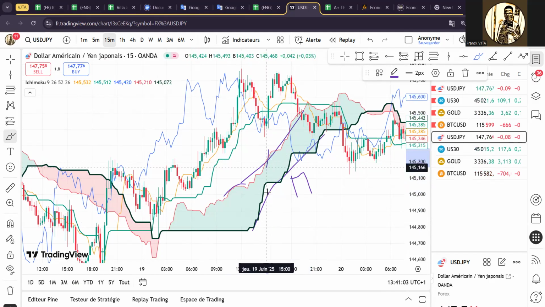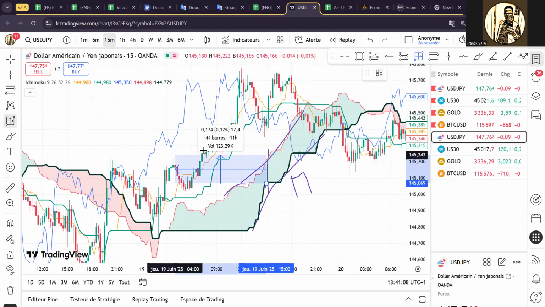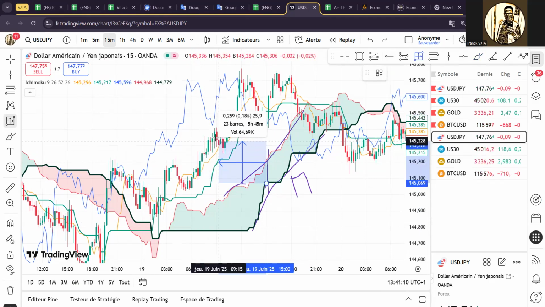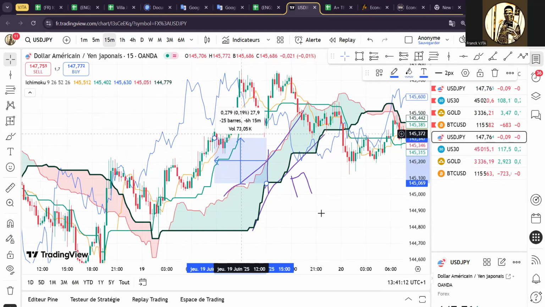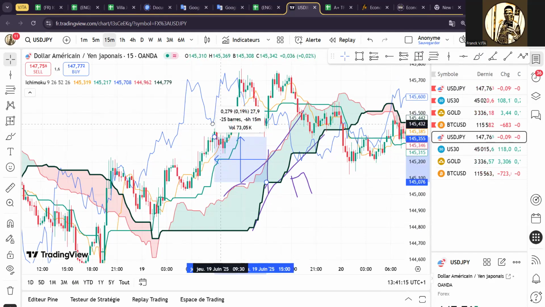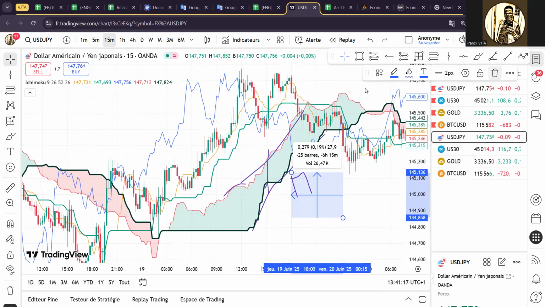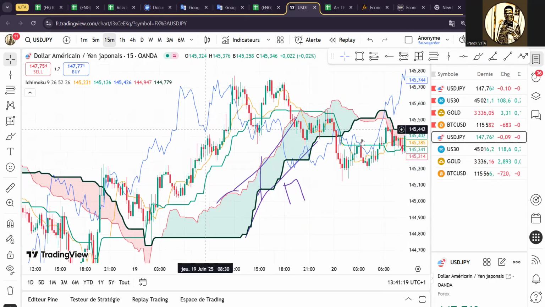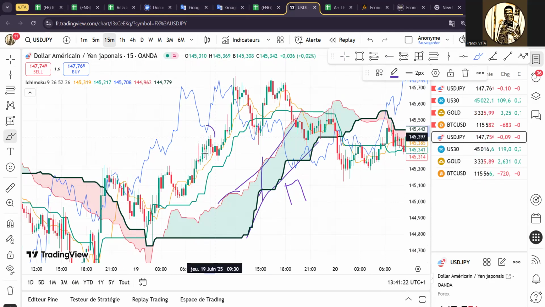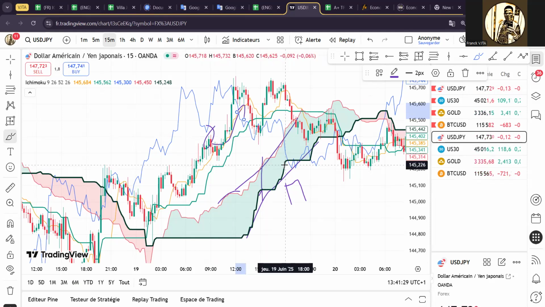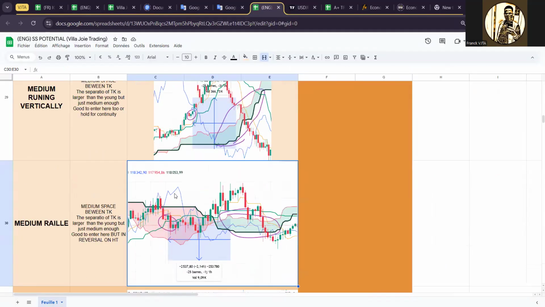And you have some snakes of the cloud here, and the candle at this level was this specific one, this green one. Okay, so that made this green candle, that made everything go to the upside. That is a little bit it for the medium rail and all.